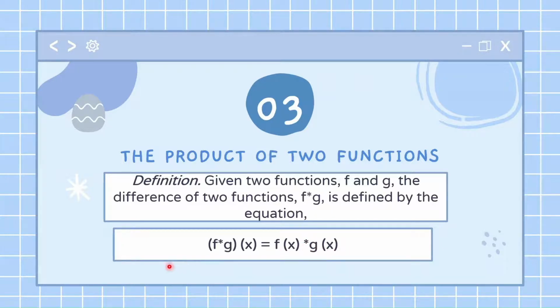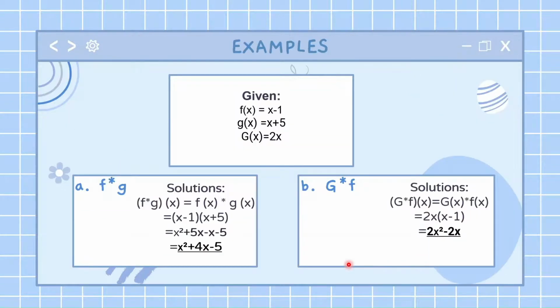Remember this, just like with all the other operations that we tackled, this formula will help us in getting the specific thing that we are trying to solve. In this case, we're trying to get the product of two functions.